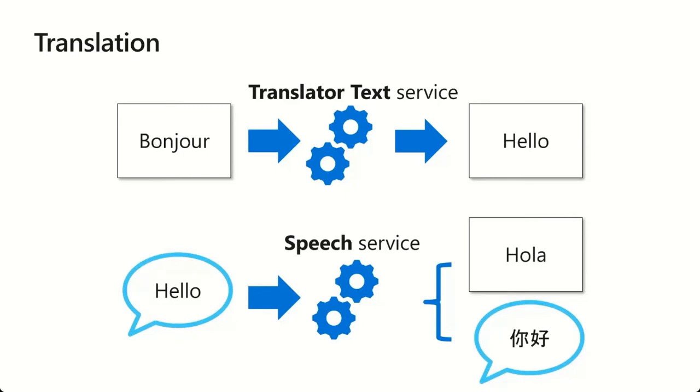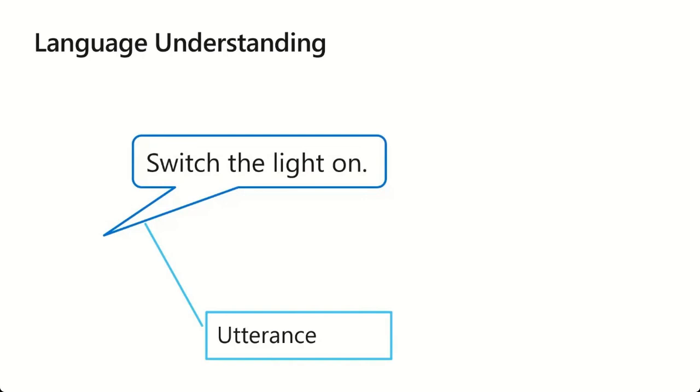And then we're talking about language understanding. This is also, by the way, known as LUIS. It enables you to train a language model that can interpret natural language commands. So an example here would be switch the light on. And in language understanding, there are three things that you have to remember: utterances, entities, and intents.